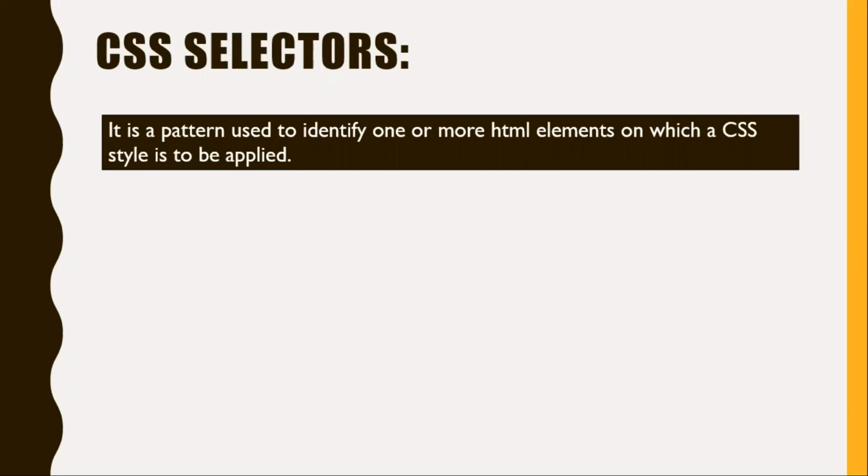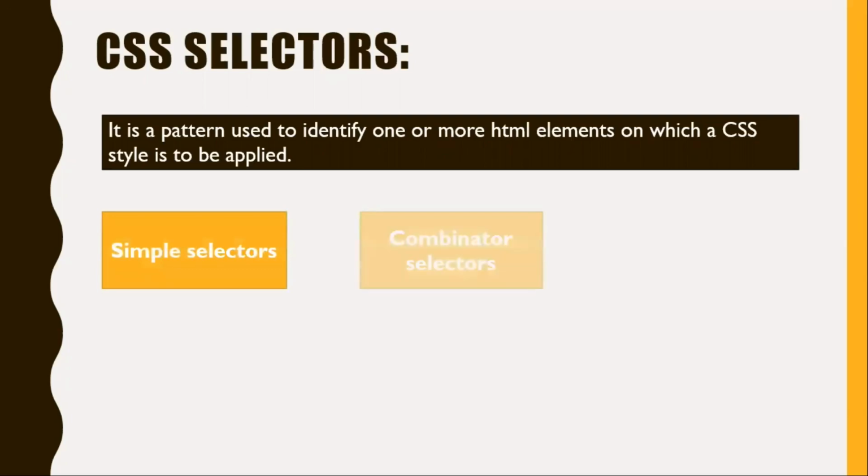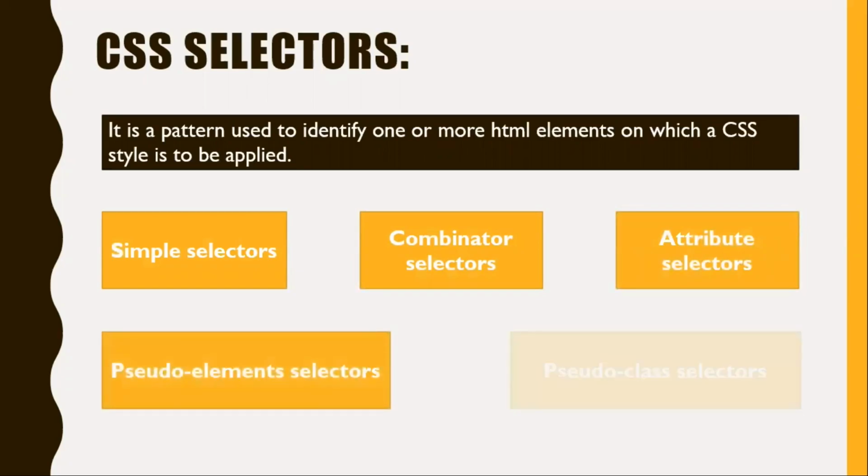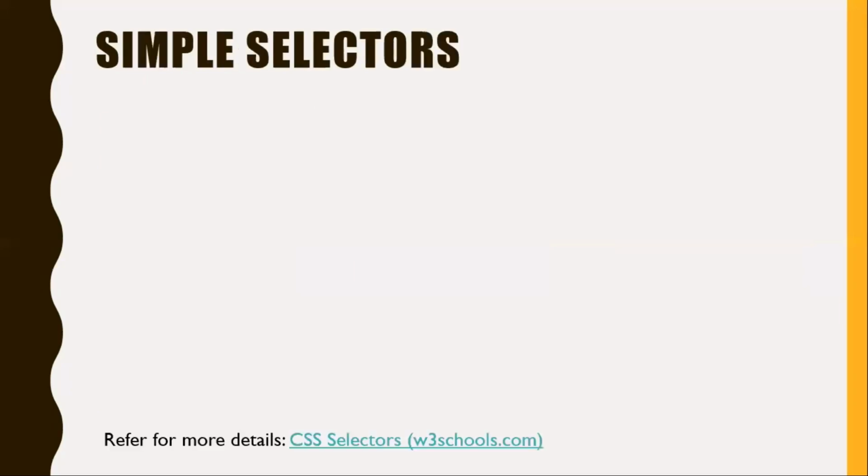Broadly classified, there are 5 types or groups of selectors. They are simple selectors, combinator selectors, attribute selectors, pseudo element selectors, and pseudo class selectors. Now at this point, all these words do not make sense, but don't worry. We'll be covering everything in the later videos, but today we'll be only covering simple selectors.